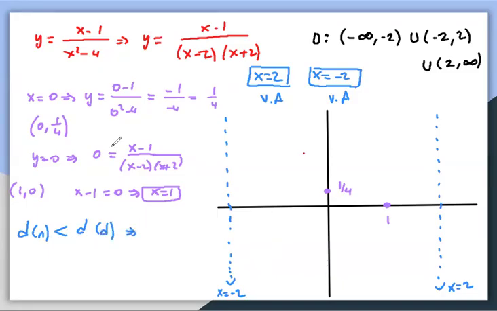So since the degree of the numerator is less than the degree of the denominator, you are always going to get a way bigger number in the denominator than the numerator when you choose larger x values. If you choose x is 1000, then this will be 1000 minus 1, which is really close to 1000, and this is going to be 1000 squared minus 4, which is really close to 1000 squared, which is why we ignore the -1 and -4.